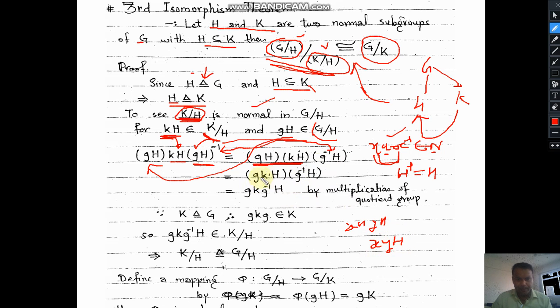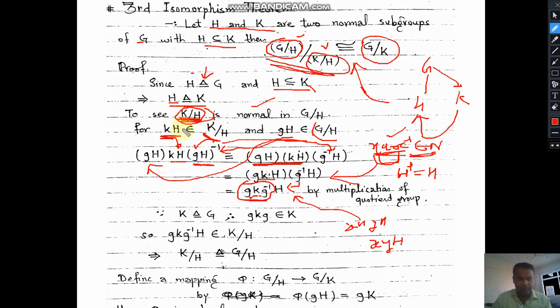Now we have multiplied it. Now we will associate with this g. Again we are applying the same property here, and we will find gkg inverse belongs to H. As we know, this is the closure property, because the composition of every element is available in G, so this is an element of G. So you can say that this property is being satisfied here, xnx inverse belongs to N. So this part, K/H, is a normal subgroup.